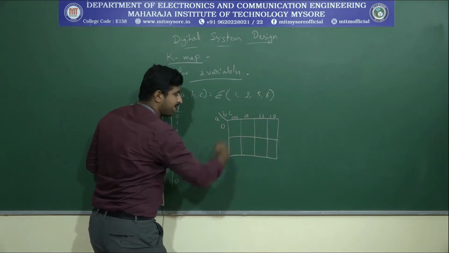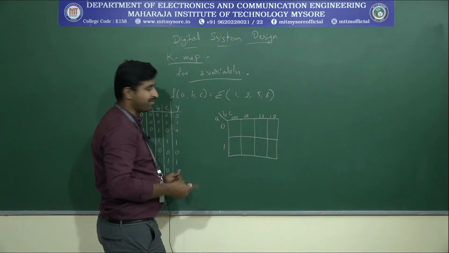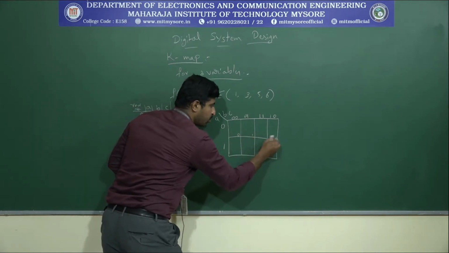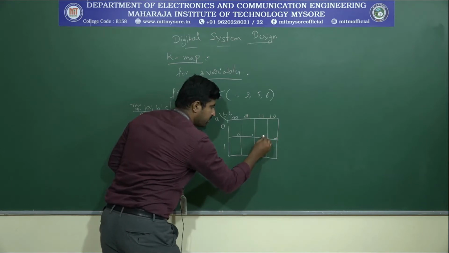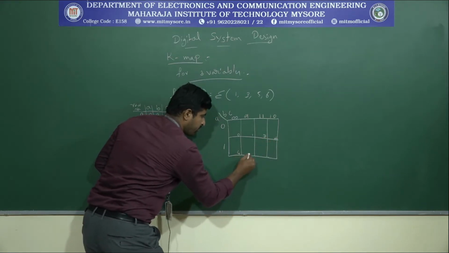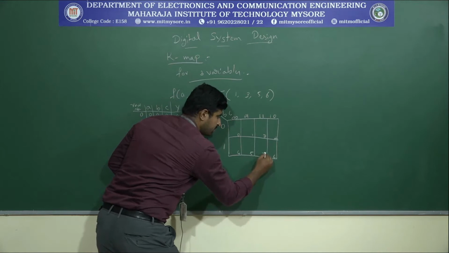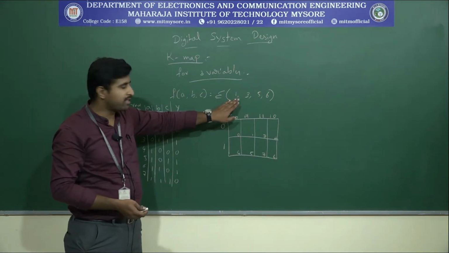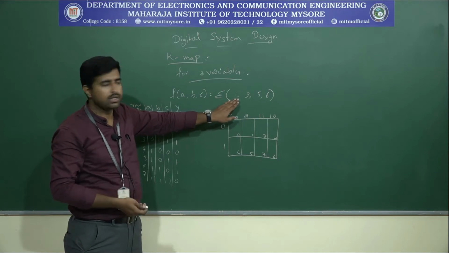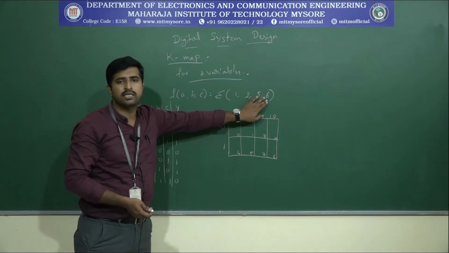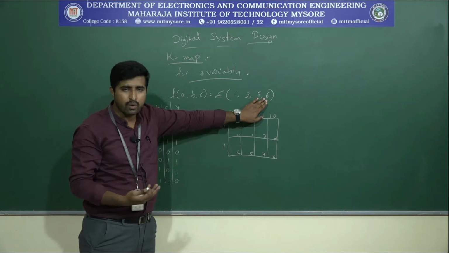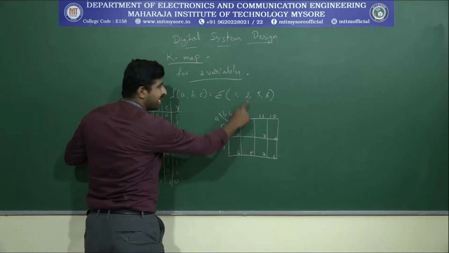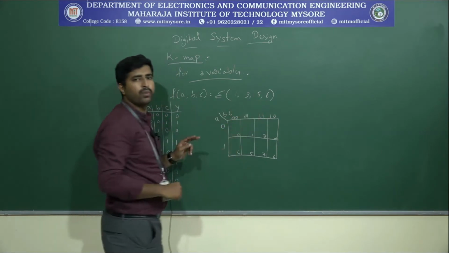Next, let's write the cell numbers first. The cell numbers here are 0, 1, 2, 3, 4, 5, 6, 7. For the row values 1, 3, 5, 6, the function will evaluate to 1. So for cell numbers 1, 3, 5, 6, the output will be 1.